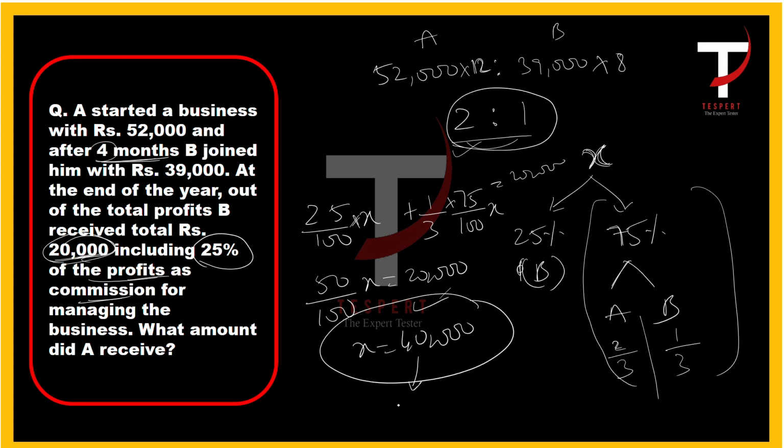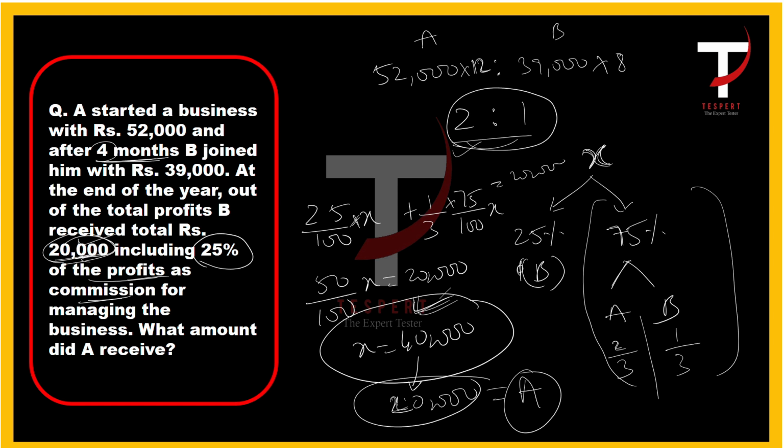A receives 40 minus 20, which is 20,000, right? So B already received 20,000 of the total profit, which is 40,000. So just subtract 40 minus 20, which is 20,000. This is for A.